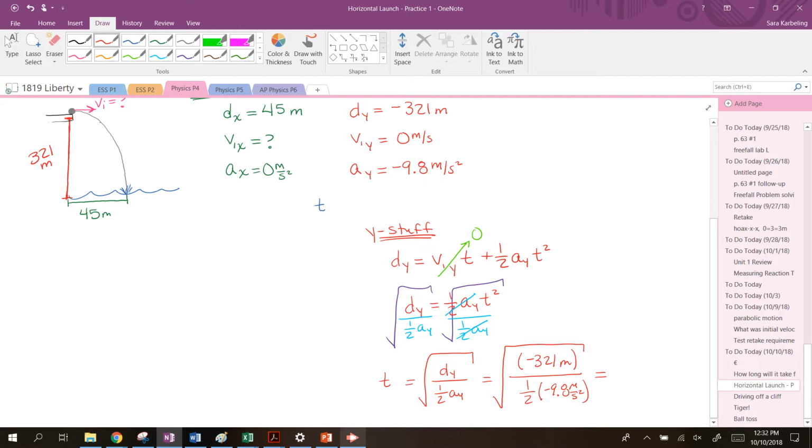Did you get a value? How long does it take that little rock to fall? Check with your table mate, make sure they agree. I got this.